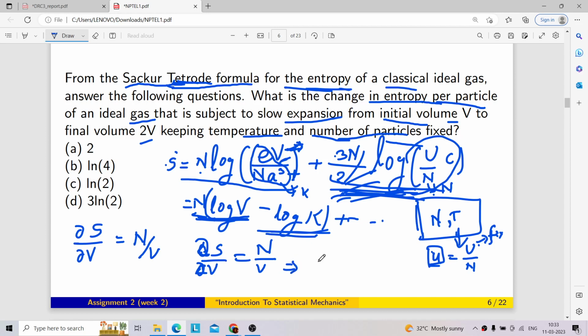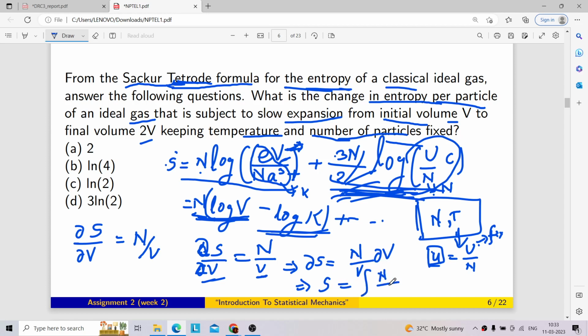Now, as V is variable here, we can take this dV to the right-hand side, so we will get dS is N over V dV. Then for finding S, we can take integration on both sides.